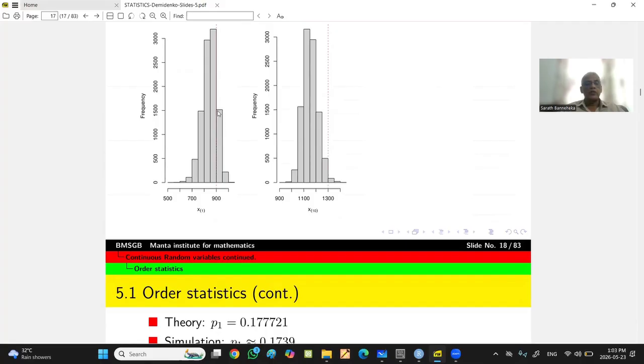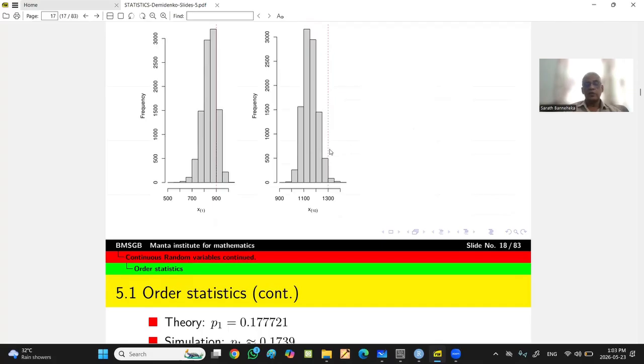So what is the frequency that the minimum value is greater than 900? This is roughly 1,500 and again roughly like 200. But I can actually get the exact number of values from my simulation. So that number divided by 10,000 will be the estimated probability that all the bulbs will have at least 900 hours of lifetime.